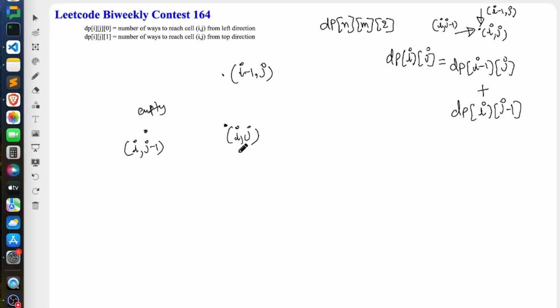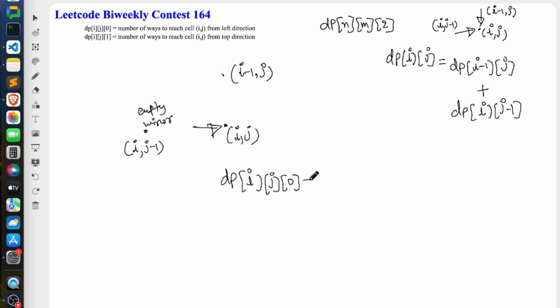Say I want to calculate the number of ways to reach from the left direction, right? So there are two possibilities. Either this left cell is empty or there is a mirror. So let's consider the first case when it is empty.